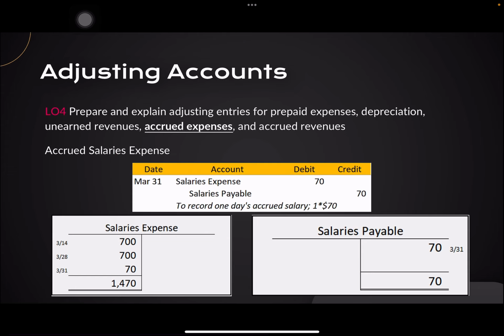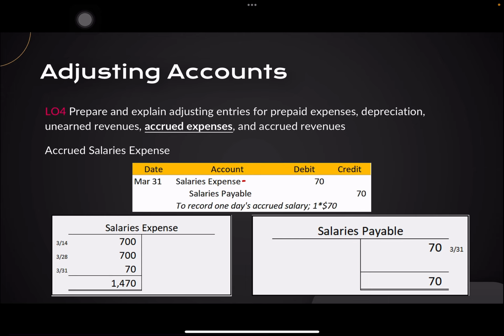Right? And again, for every journal entry or adjusting entry that we prepare, we should update the detailed record for this account. In this case, salaries expense, put here on March 31st, write $70 because we already incurred this expense.